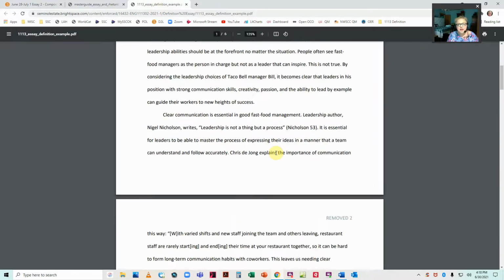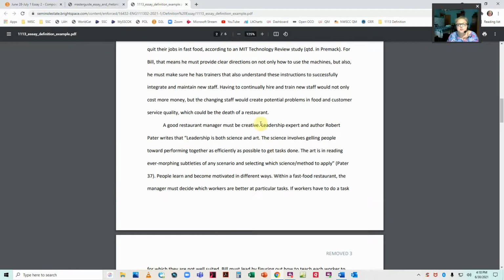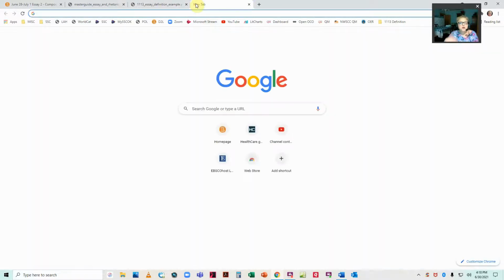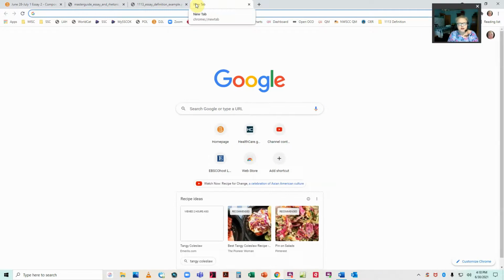If you look at his second point, he talks about how a fast food restaurant manager should be creative. Well, when we think about creativity, most of us probably first think about artists, musicians, writers, game designers, people who use their imagination to create something kind of artistic, right?